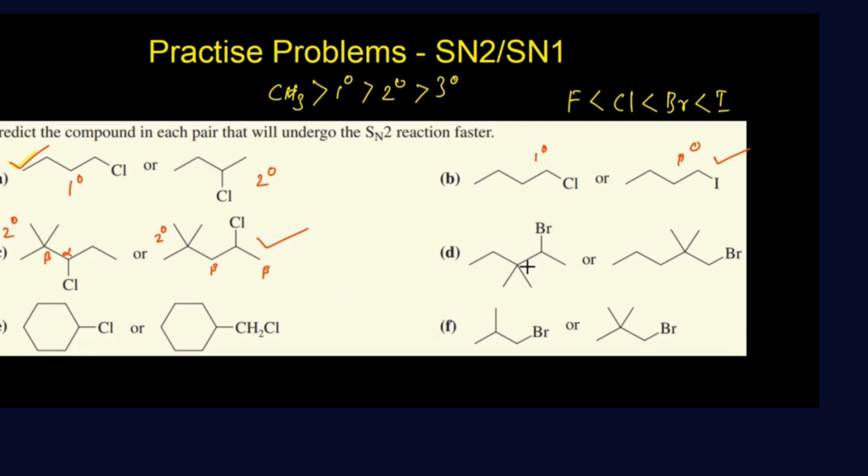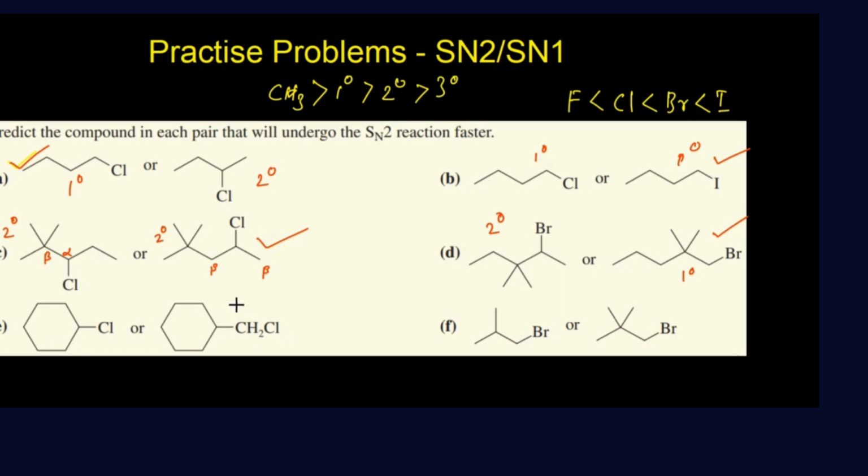What about D? The same case. This is the secondary alkyl halide and this could be the primary alkyl halide. We know the primary has the least hindrance, so this will go faster.